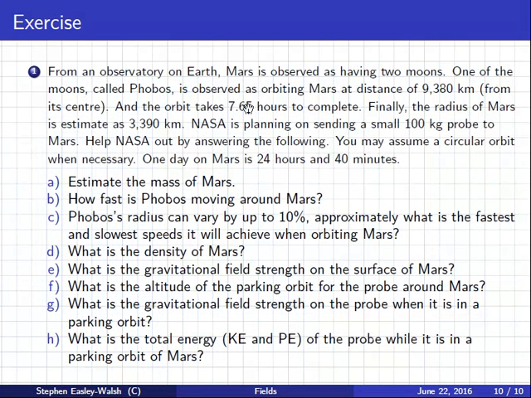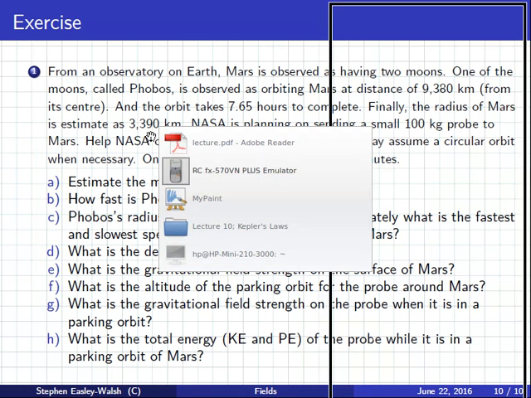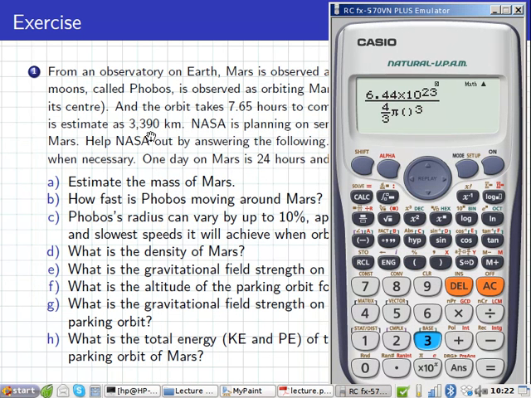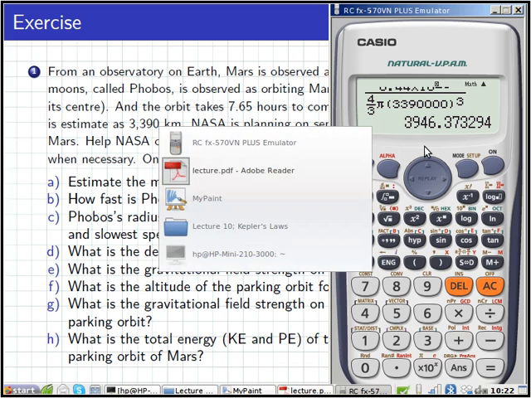That's the distance from the moon to the planet, but we want the radius of Mars, which is 3390 kilometres. So the density is 3946 kilograms per meter cubed.